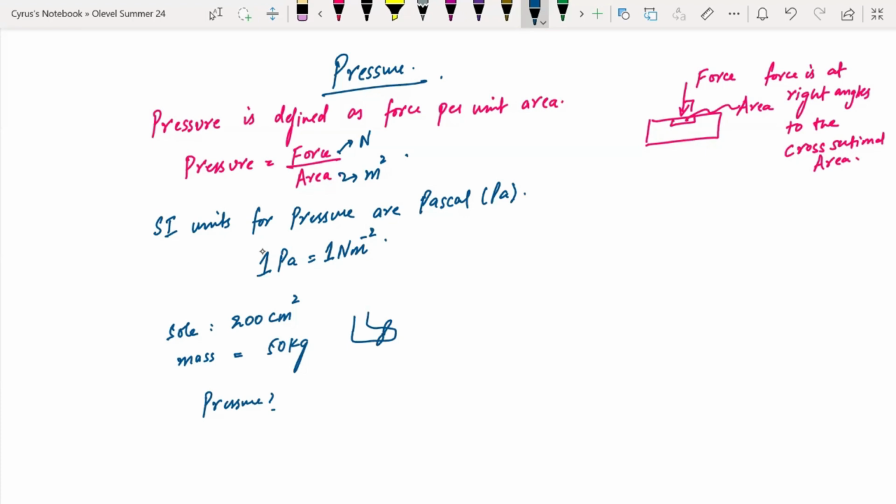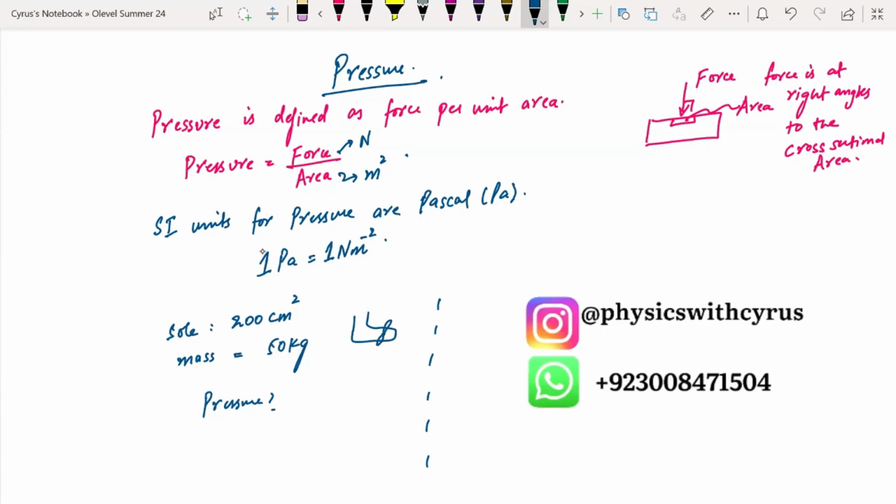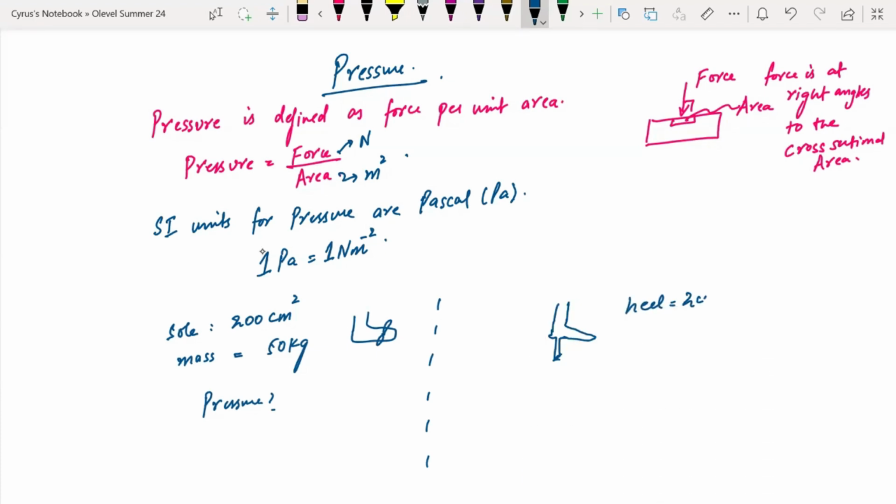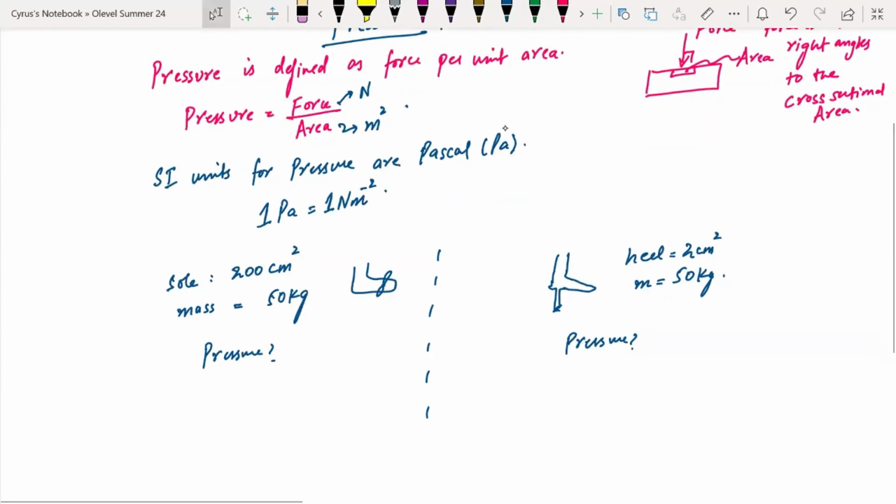And the mass is 50 kilograms. So what is the pressure? On the other hand, there's a heel, right? Heel is of 2 centimeters square, and the mass is the same, which is 50 kilograms. So you have to find the pressure in both cases.